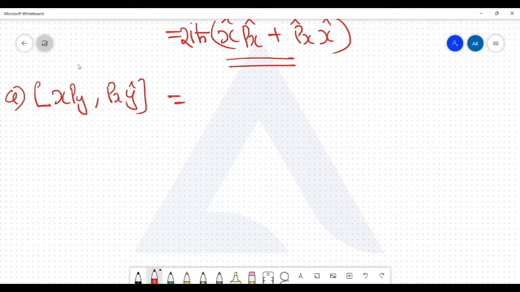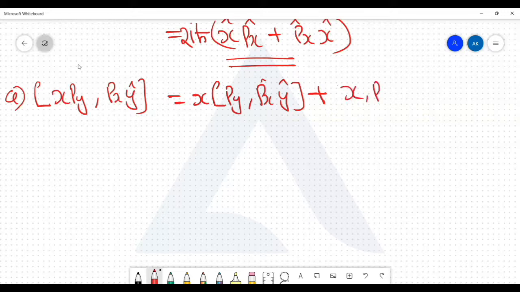So first you have x, I'm sorry, this is our first function. Therefore x py with px y plus x px with y py.